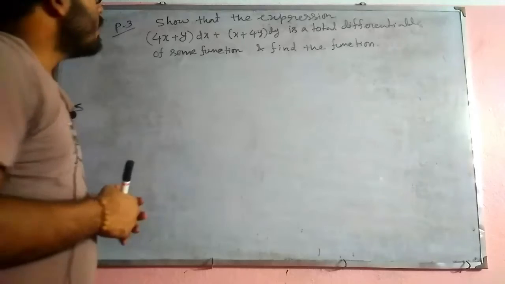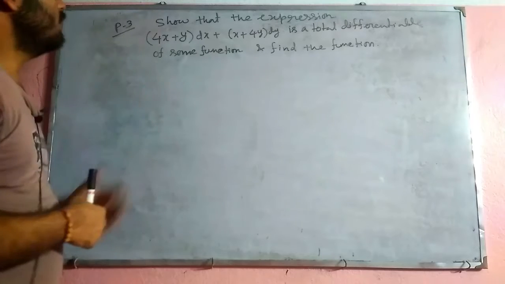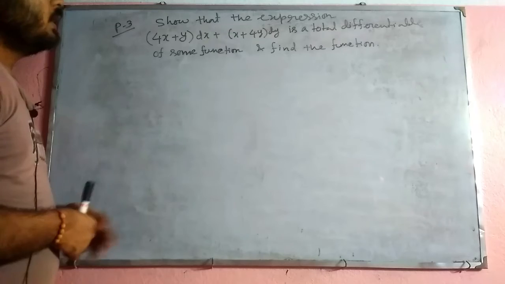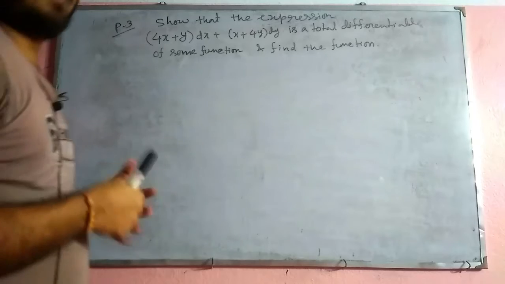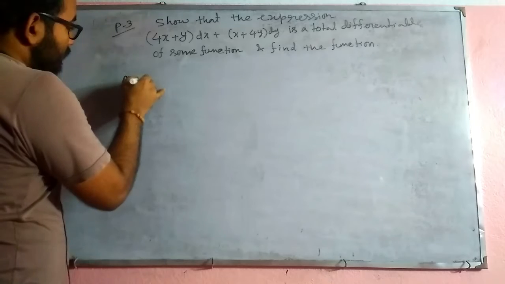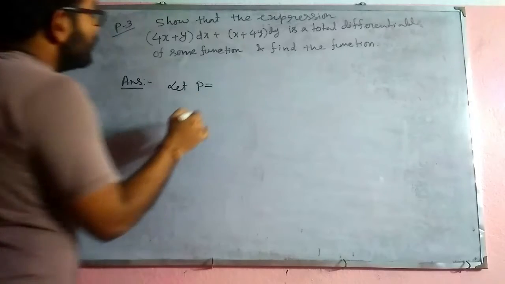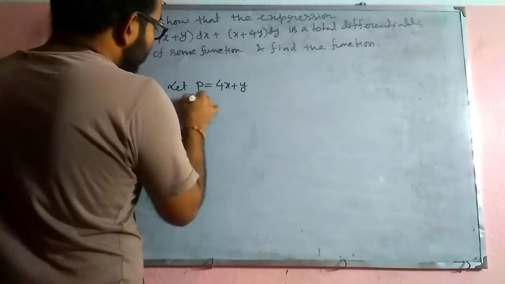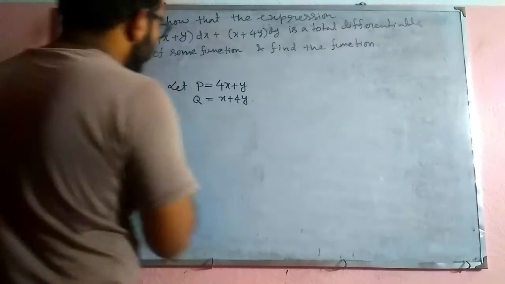Okay. Now our third problem is: show that the expression (4x plus y) dx plus (x plus 4y) dy is a total differential of some function and find the function. Next one. Let p is equal to 4x plus y and q is equal to x plus 4y.